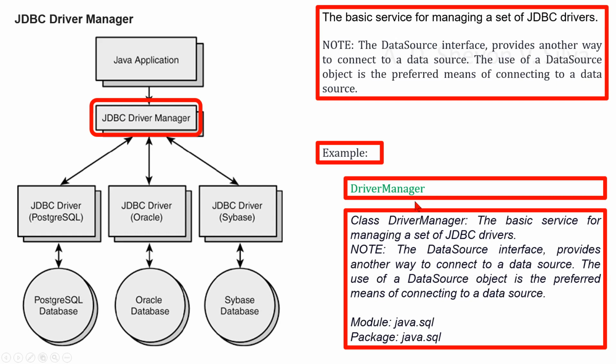As a part of the initialization, the driver manager class will attempt to load available JDBC drivers by using point 1, the jdbc.drivers system property, which contains a colon separated list of fully qualified class names of JDBC drivers.